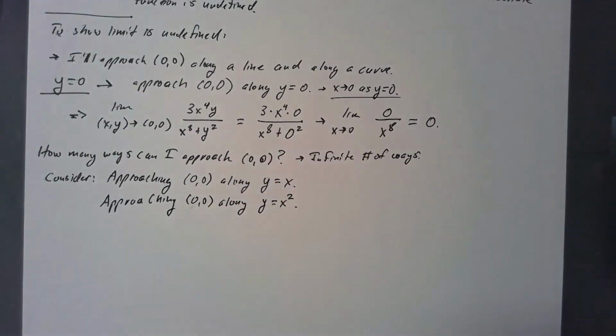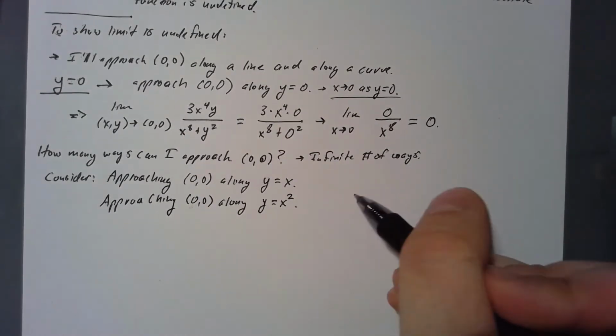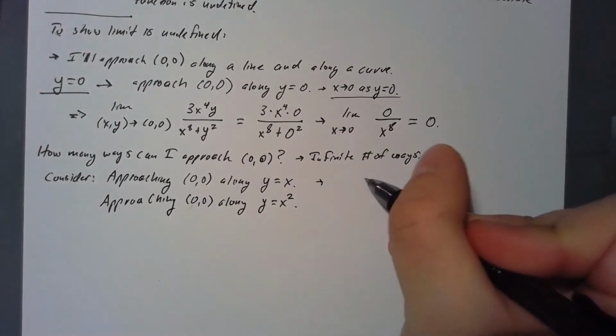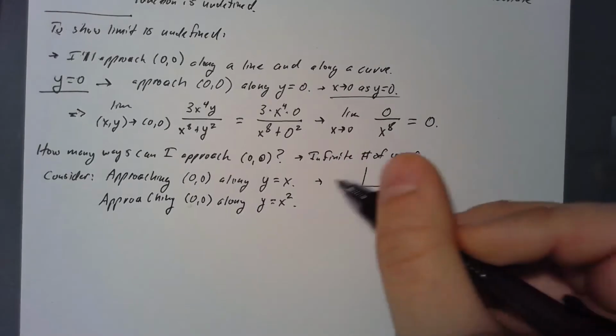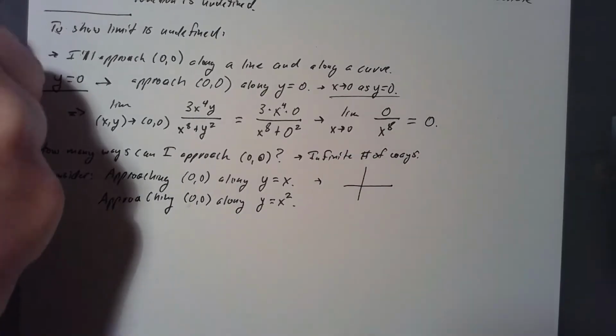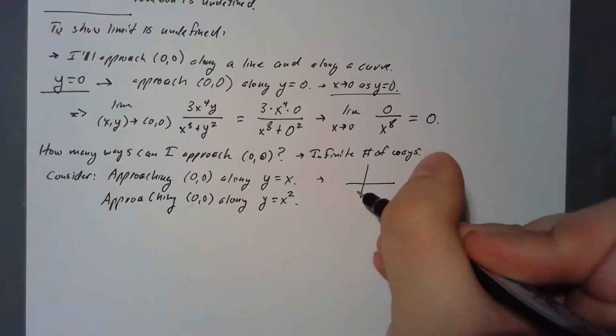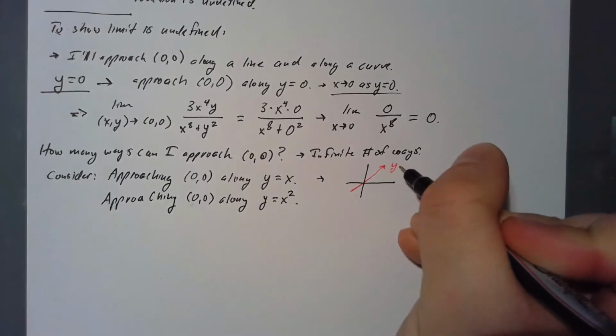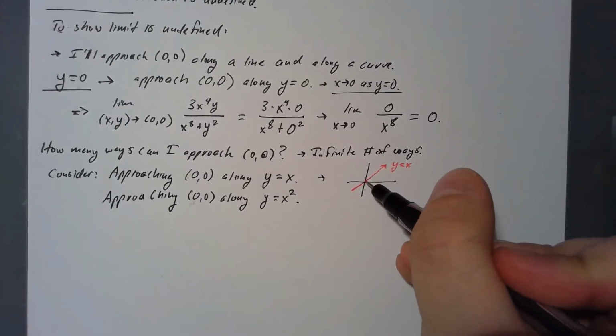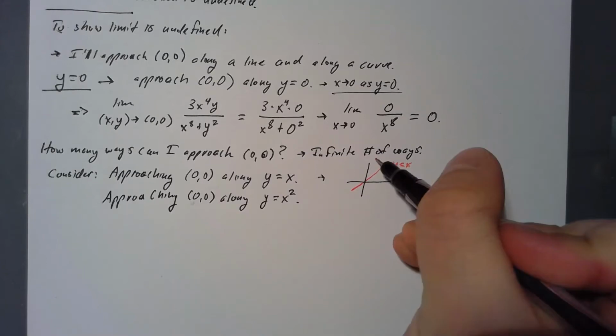Yeah. This is a parabola. If I put a little basic graph here, y equals x, that's an easy line, approaching 0, 0. This is x, and this is y.